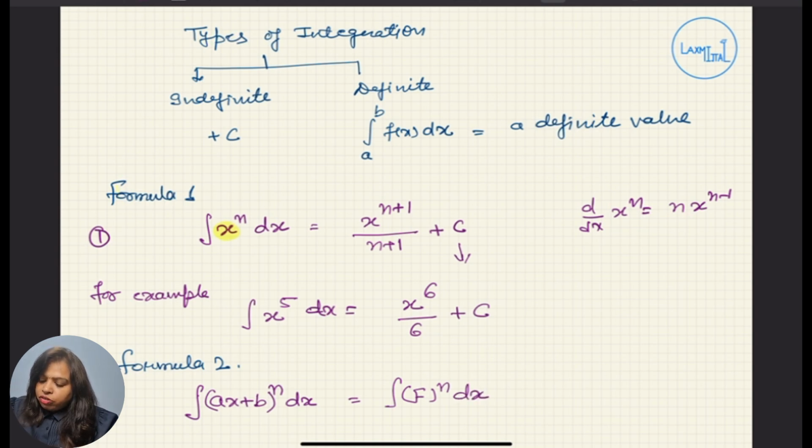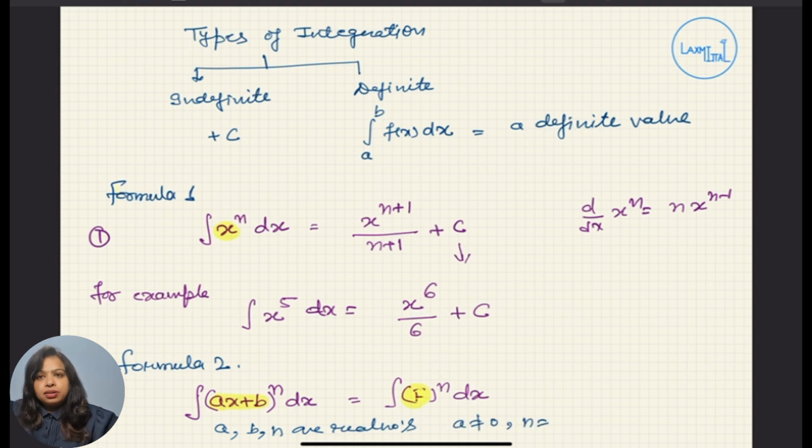In this, linear function f is ax plus b. And what is a? a, b and n are real numbers where a cannot be 0 and n cannot be minus 1. These two conditions are there.